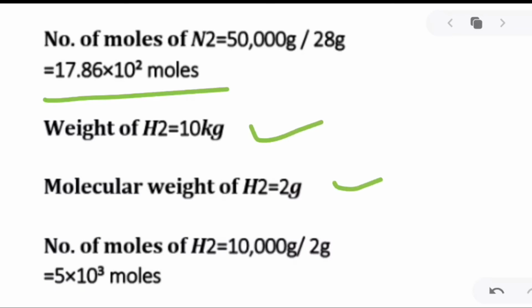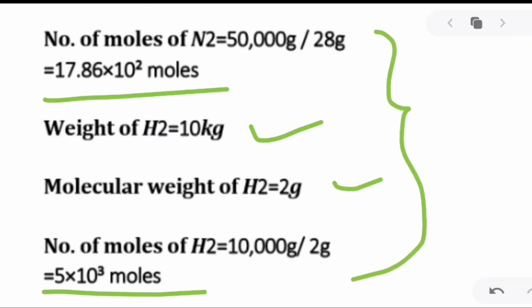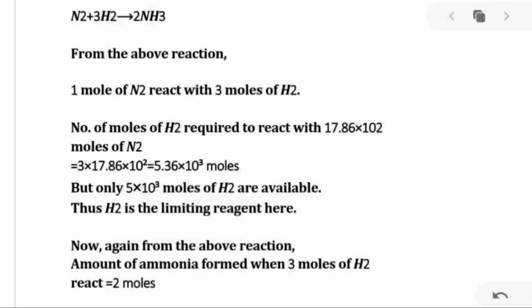Therefore, the number of moles of H2 is equal to 10,000 gram divided by 2 gram, that is 5 into 10 to the power 3 moles. So now we know the number of moles of N2 as well as H2. The number of moles of N2 is 17.86 into 10 to the power 2 moles and the number of moles of H2 is 5 into 10 to the power 3 moles.